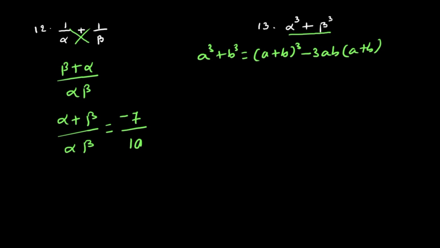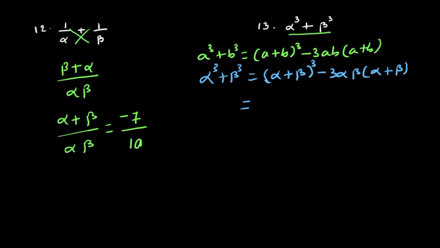Now I am going to write this in alpha and beta: alpha cube plus beta cube equals alpha plus beta whole cube minus 3 into alpha into beta and alpha plus beta.